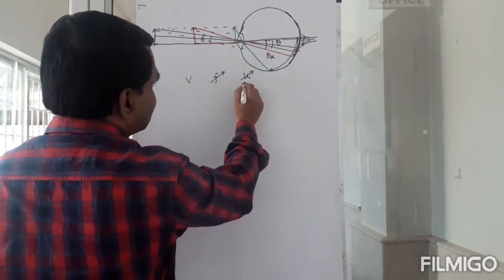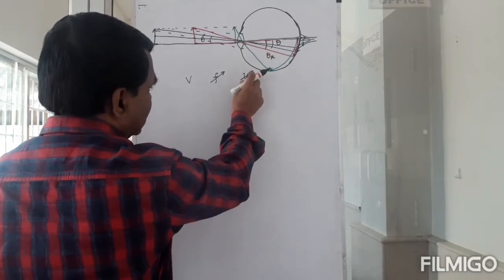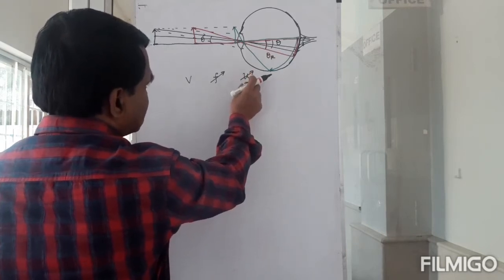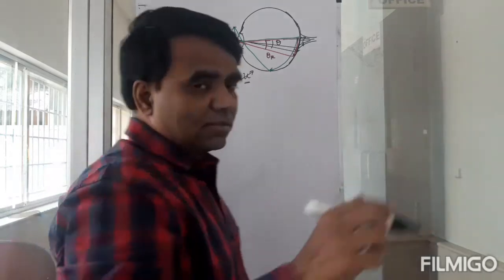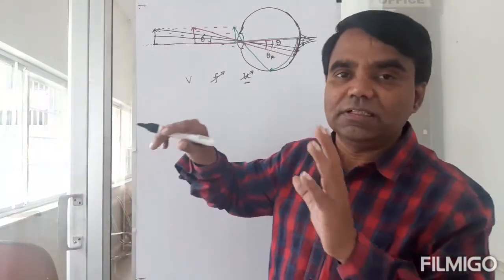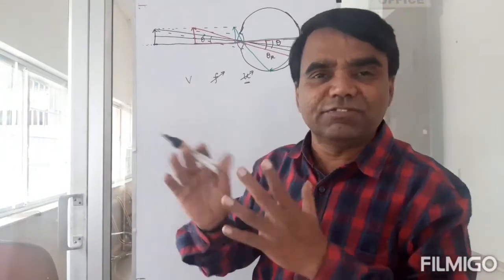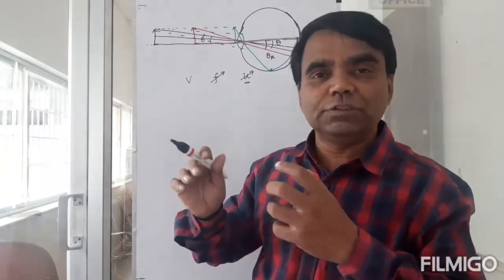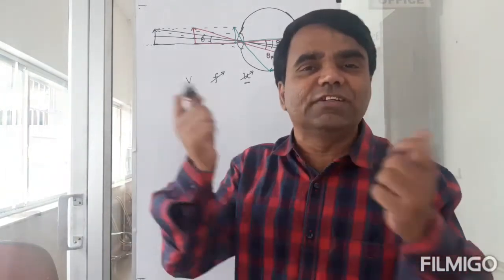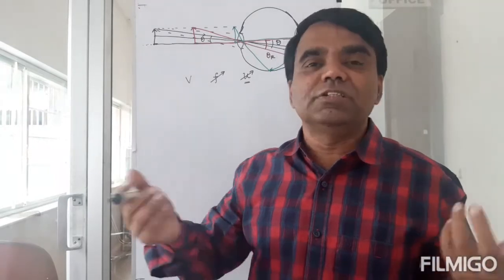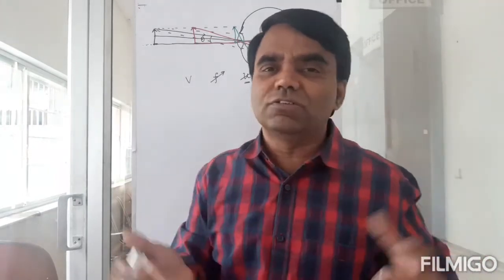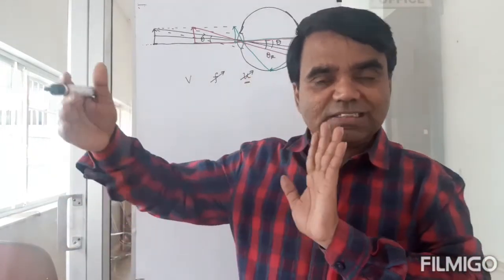But then there is some distance u, and at that distance and beyond that distance, the adjustment of the focal length is not infinite. I can't change my focal length infinitely. I can't go from 0 to infinity in the focal length. There is a range.